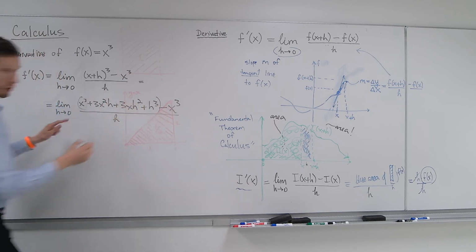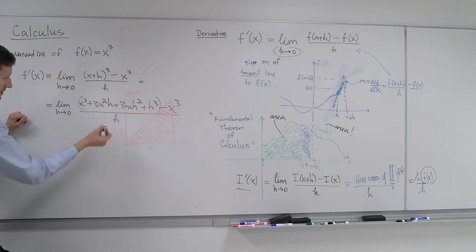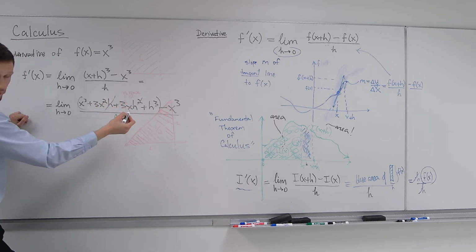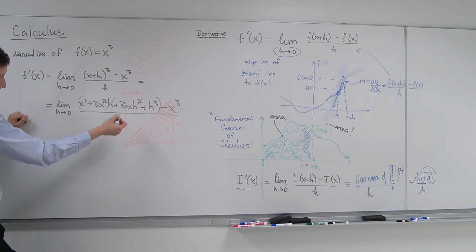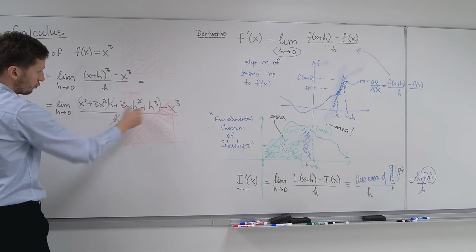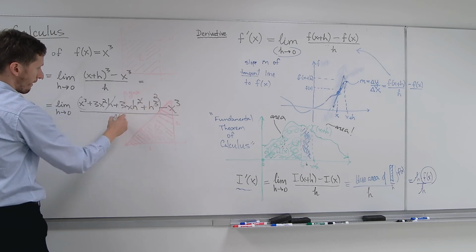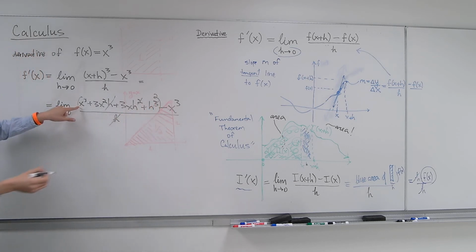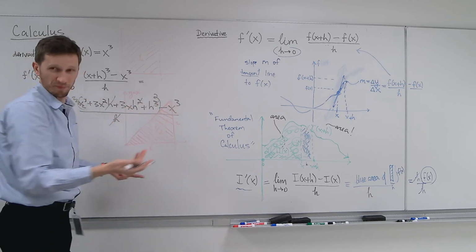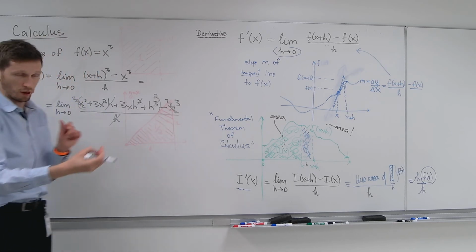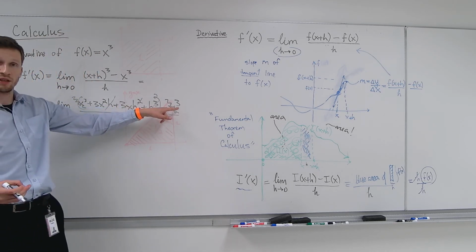Now look, what we can see is the h here will cancel. H squared over h is just h left. And h cubed over h is going to be an h squared here. I'm trying to do this in a quicker manner, so that's why I'm showing you all these steps in one. The x cubed minus x cubed had gone away.